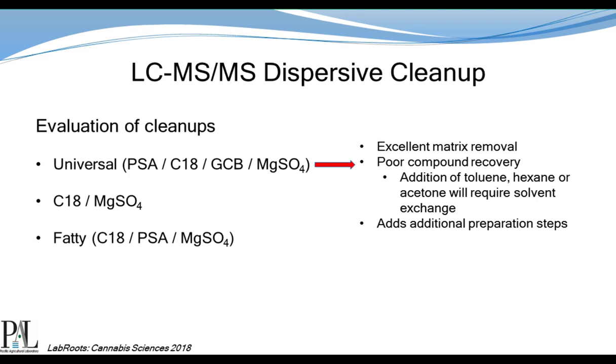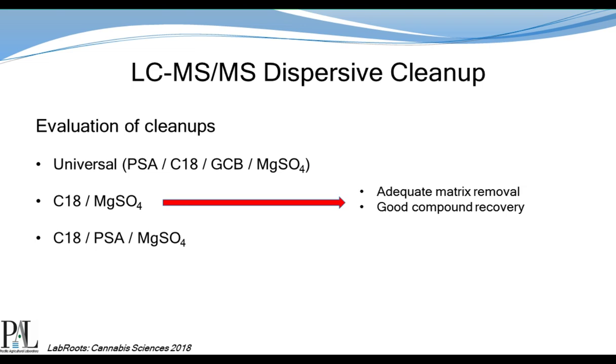But we've got a lot of compounds for which we do not have acceptable recovery. Now, in other sample matrices, you can add toluene, hexane, or acetone, something to help get those compounds back off those absorbents. But if you're working with the LC, it's going to require a solvent exchange, which is going to add additional preparation steps.